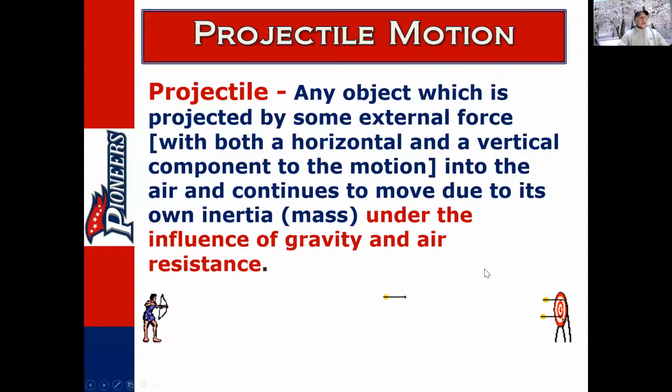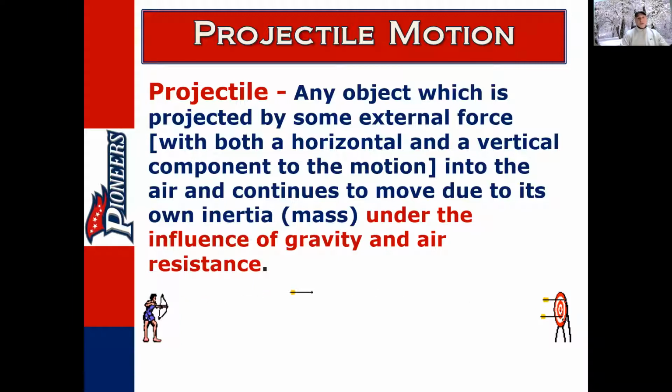But after that, we know that the force of gravity is going to pull it down, and then there's air resistance, but we're going to neglect air resistance always. So a projectile is anything that's been launched somehow by some external force, but now is only under the influence of gravity and air resistance. So I can't have an airplane with engines, a rocket.